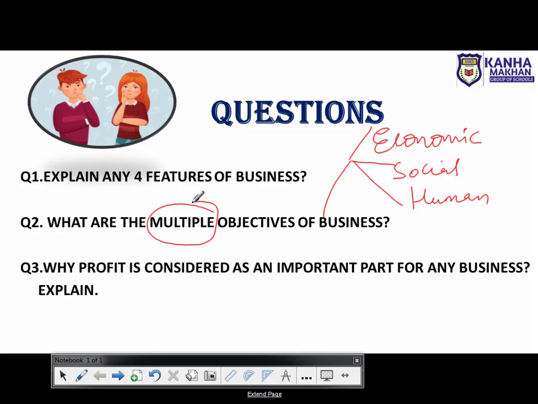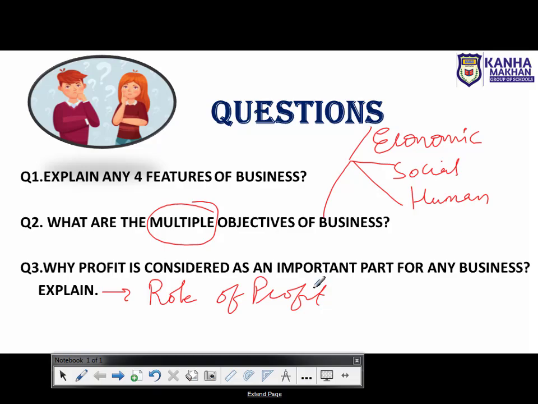Next one is, why profit is considered as an important part for any business? Very simple. Abhi just now we have studied कि profit is considered, or what is the role of profit. So here you have to explain basically how the profit plays an important role in a business. Okay?